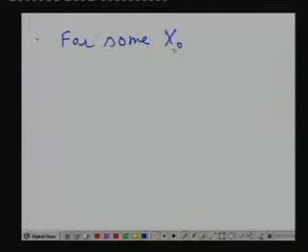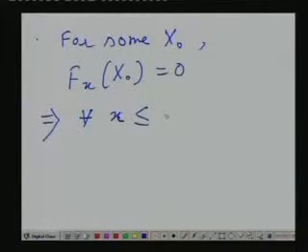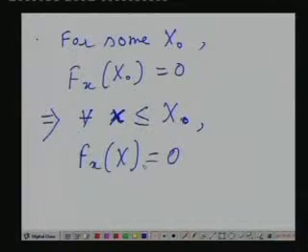If it so happens that for some x 0, f x 0 is equal to 0, then it implies that for all capital X less than equal to x 0 also, we should have this.